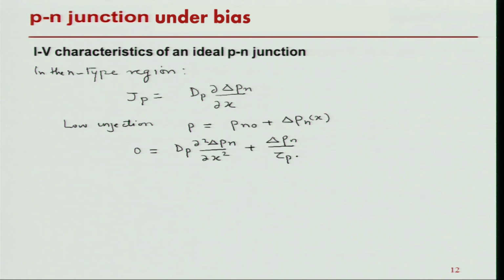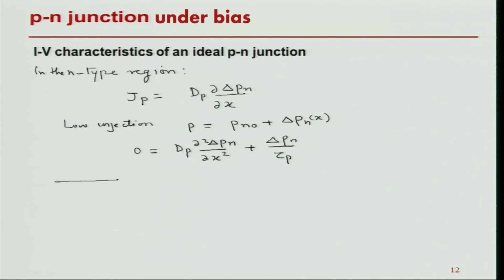So, now we have these equations, and what we need to do is solve the second order differential equation for the boundary conditions in the P region and the N region, and then once we have solved it, we can calculate the current. Now, you may ask what happens to the other current. We have calculated so far the electron current in the P region because of diffusion and the hole current in the N region because of diffusion.